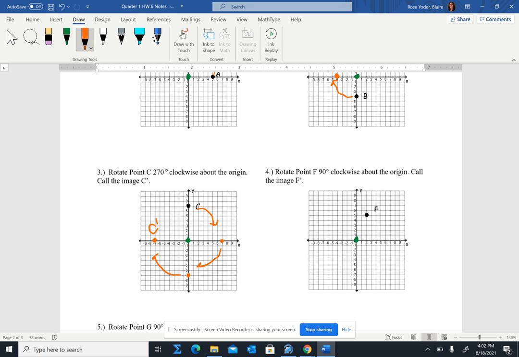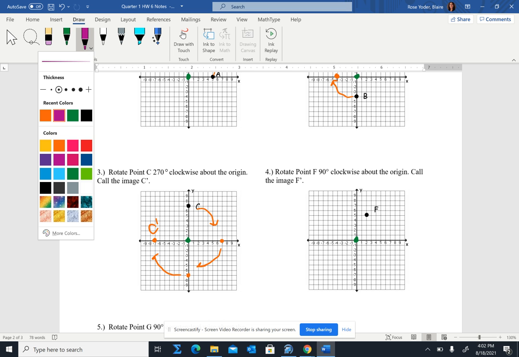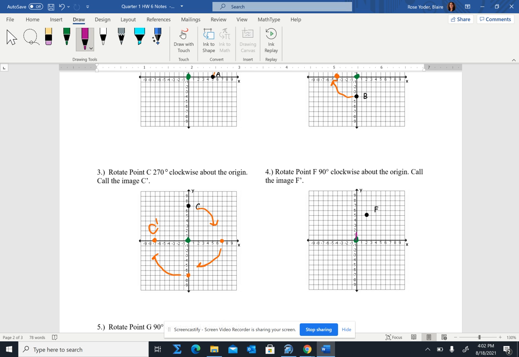So in order to figure this out, we're actually going to use slope. So I am going to count my rise up 5 and my run over 2. That's the slope from the origin to point F. Here is the new, interesting, tricky part. We will learn more about this and why it works later this year.